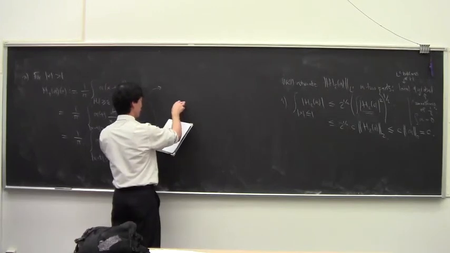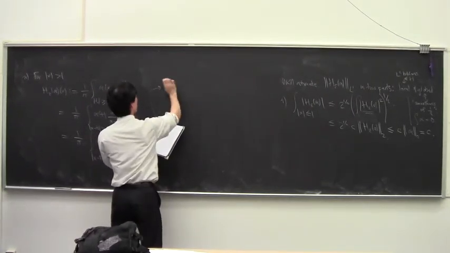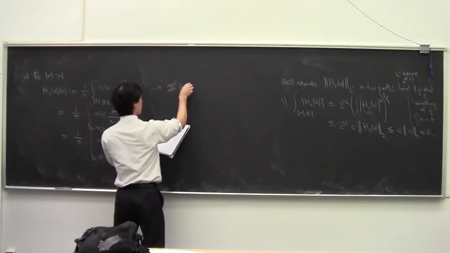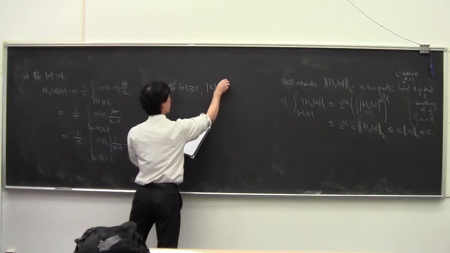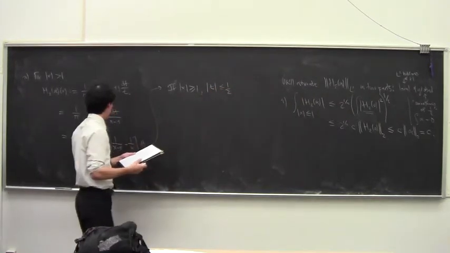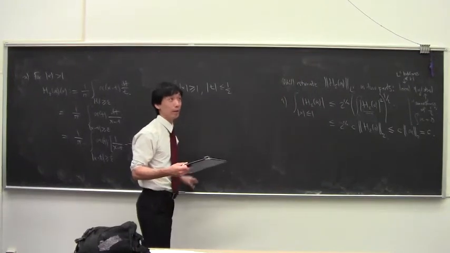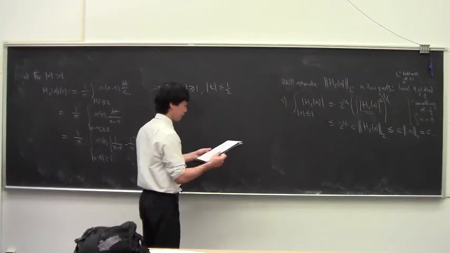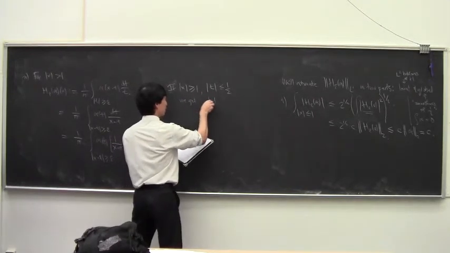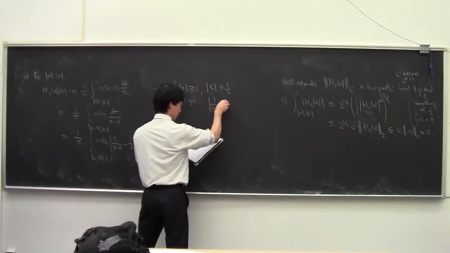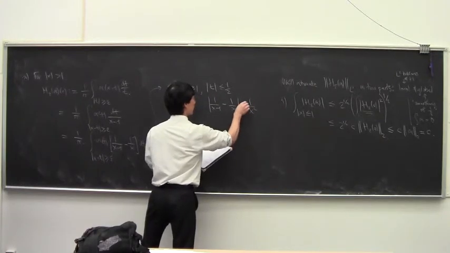Then noticing that if x is bigger than 1 and t less than a half, which we do know by our assumption about the support of a, this thing is controlled by 1 over x squared.